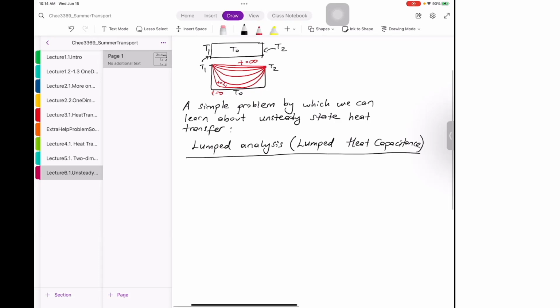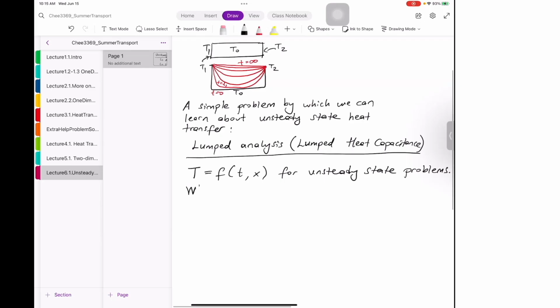So let me particularly say temperature is generally a function of time and position in unsteady state problems. And we want to actually first deal with the problems in which T only depends on time but not x.